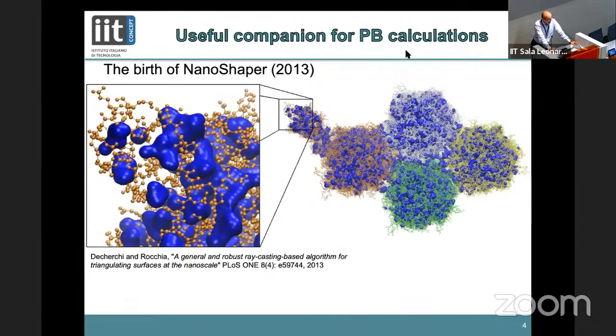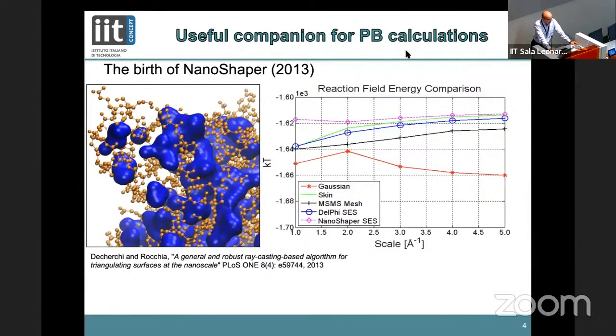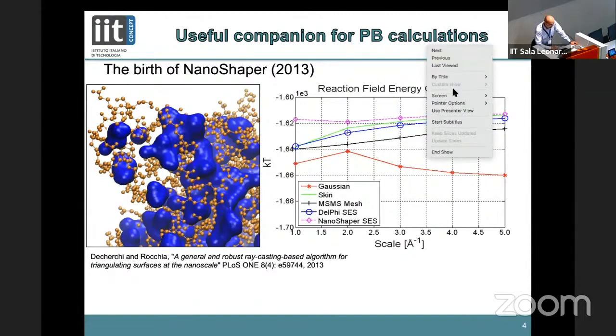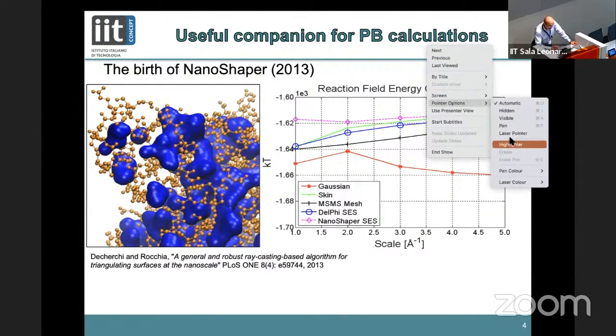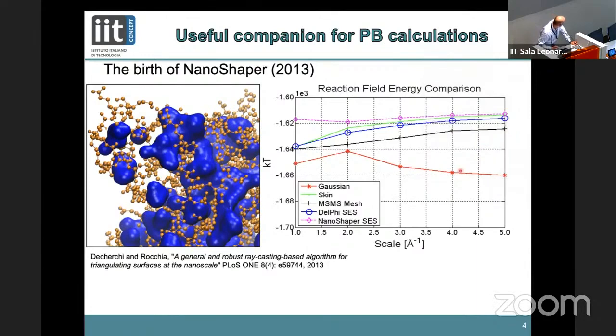We were also able to observe that pairing this with a Poisson-Boltzmann solver, in this case Delphi, enables you to get a much more stable energy estimate with respect to the resolution of the grid we are using, which allows a lower resolution without sacrificing accuracy.